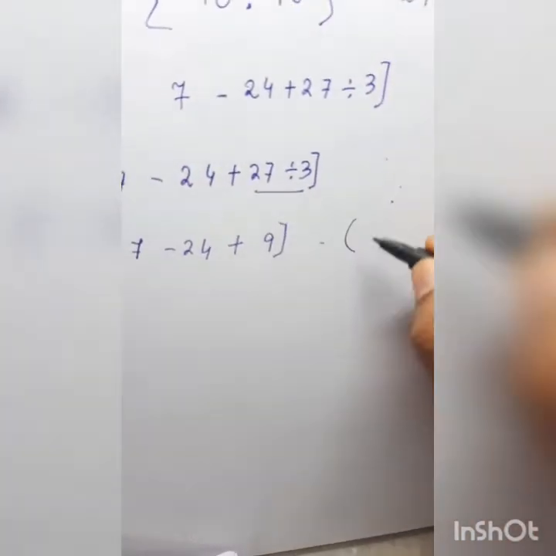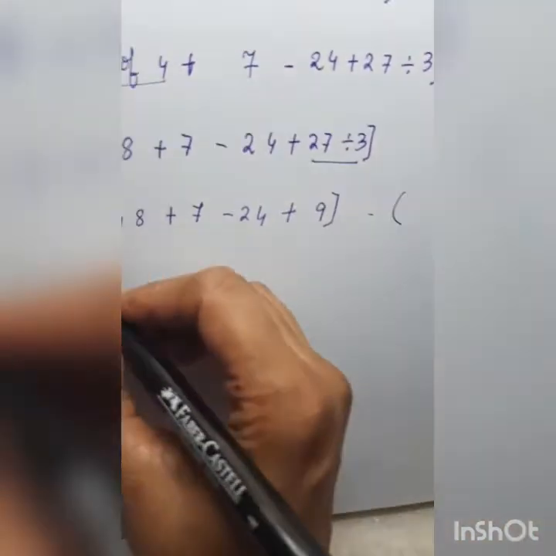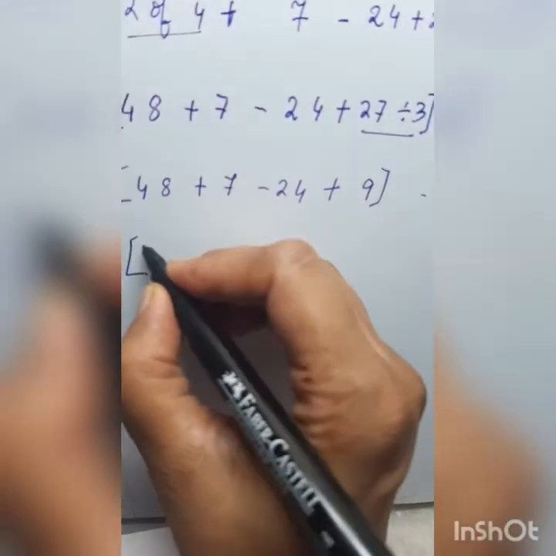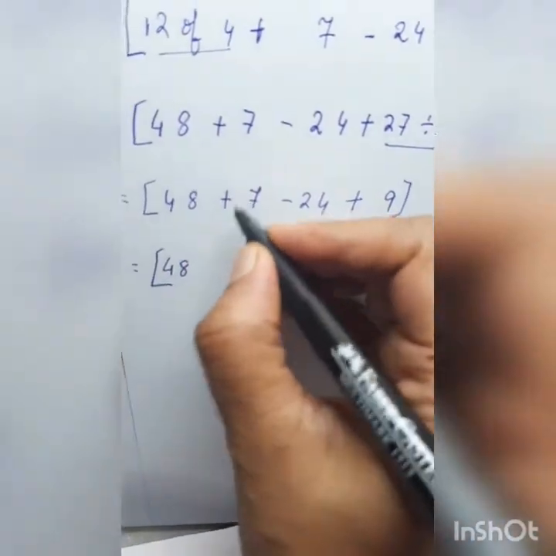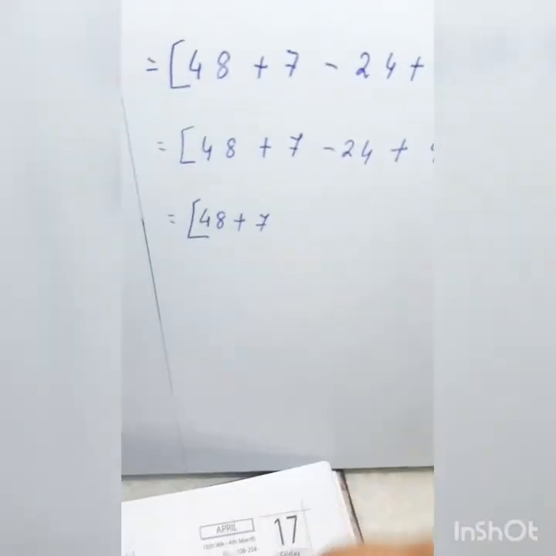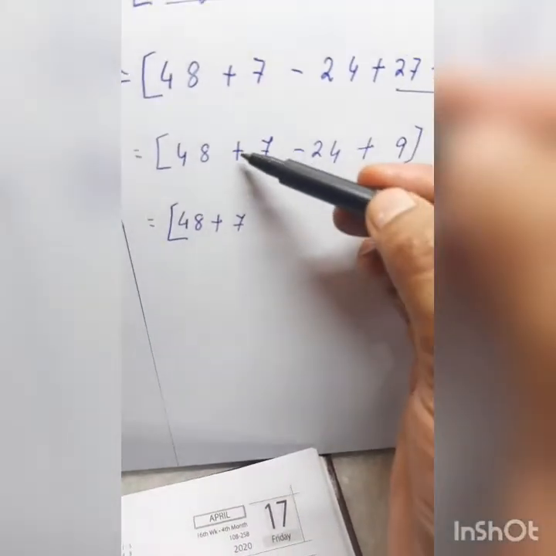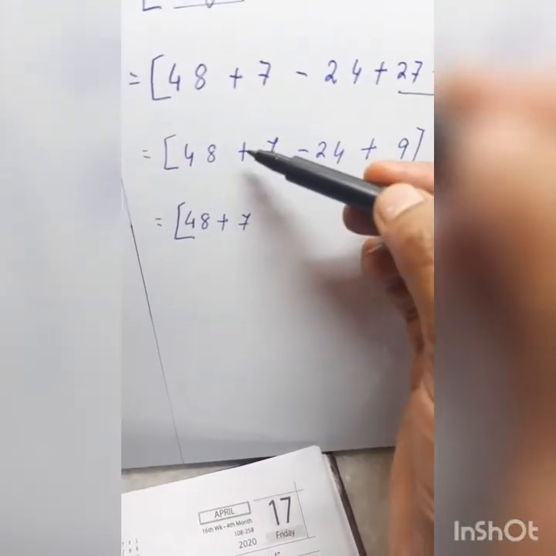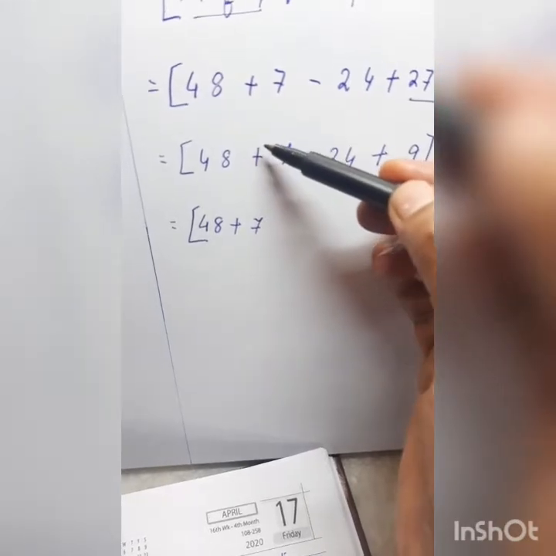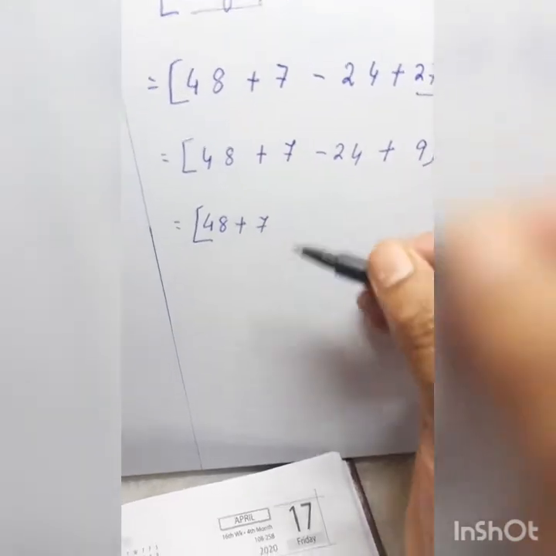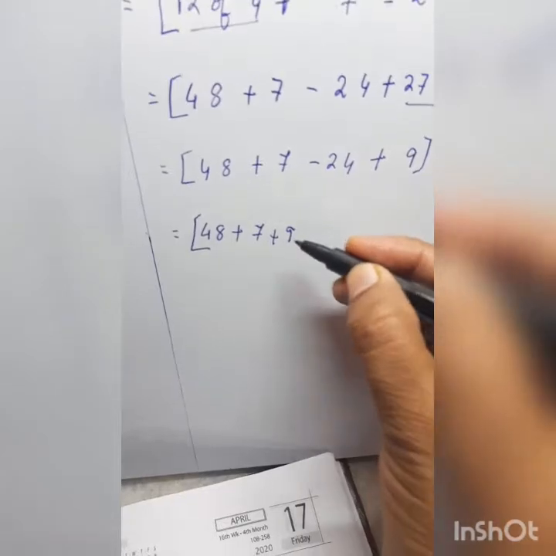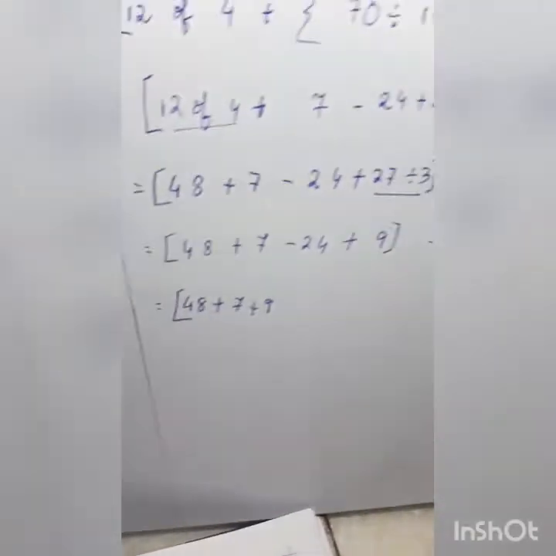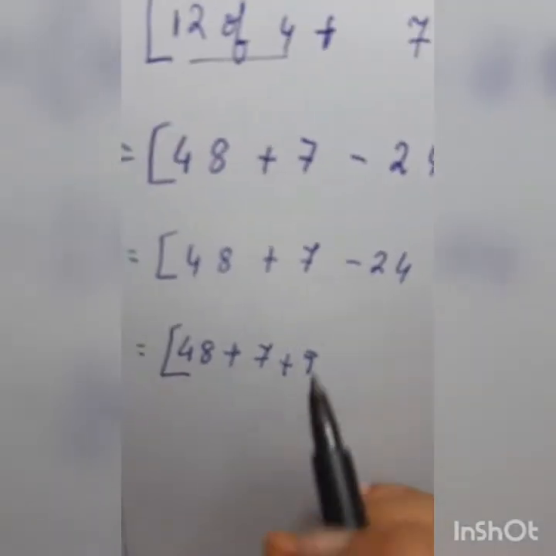In this step I will rearrange. I will bring all the plus signs together. 48 plus 7. Remember here, the numbers with the plus sign before, you have to bring it first. Many of you do mistake in this rearrangement. You have to rearrange it properly.